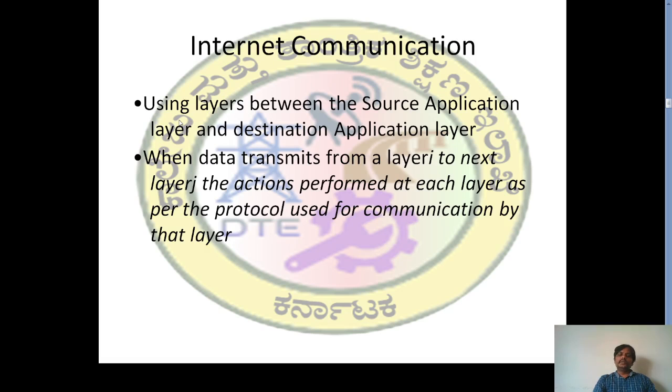In internet communication, we are using the layers between the source application layer and the destination application layer. So we have two machines, one for the source and another for the destination. The top layer is the application layer.